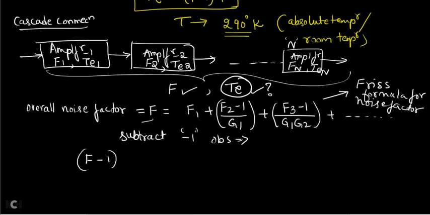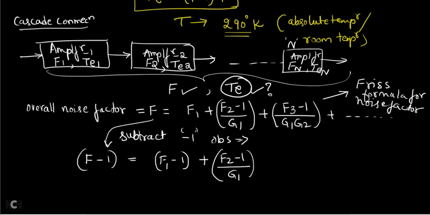F becomes F minus 1 because you are subtracting. And here also you can subtract 1 from F1, so I will group it: F1 minus 1. Here I will not subtract anything; I will write it as it is: plus (F2 minus 1) divided by G1, plus (F3 minus 1) divided by G1 G2, plus so on.